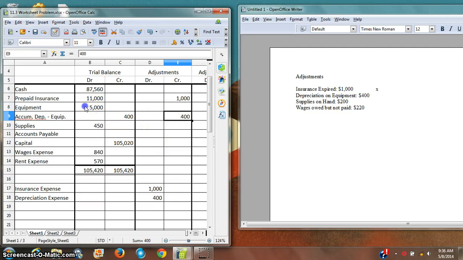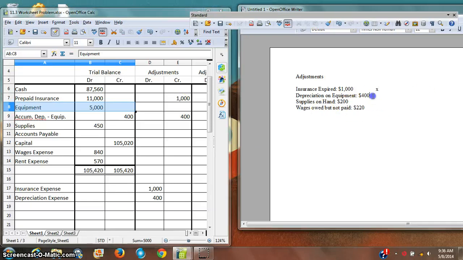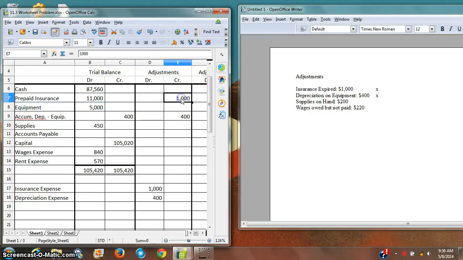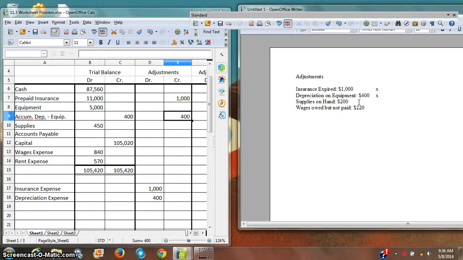And remember also that depreciation does not change my equipment amount. Equipment is going to stay at $5,000. So now I'm done with depreciation. I've adjusted for it. I put something on the debit side here, and I put something on the credit side here. So now I am done with that one.